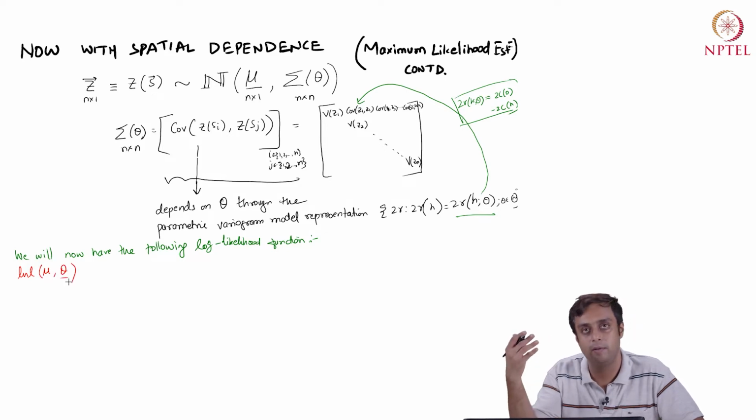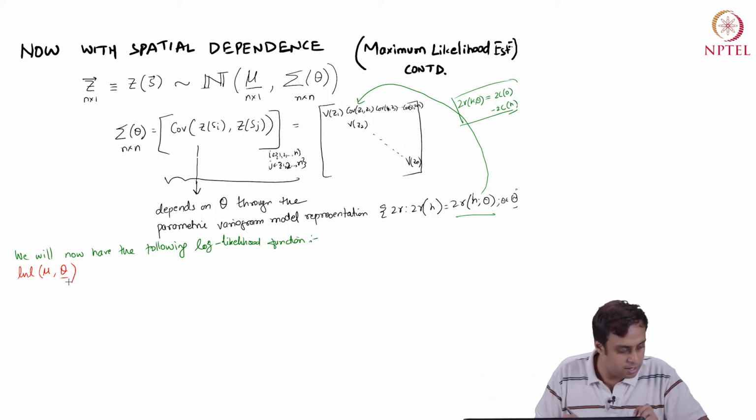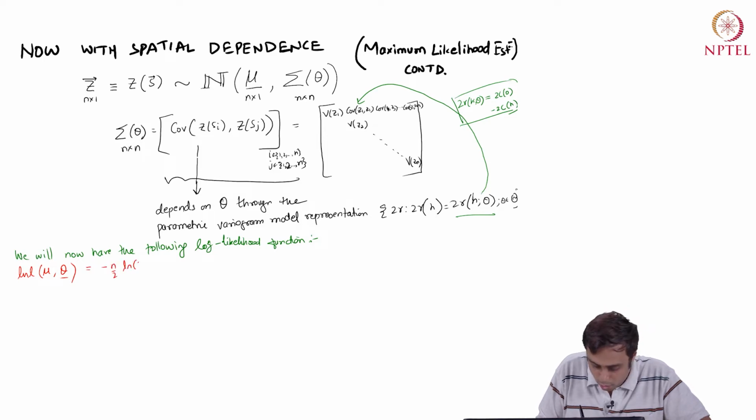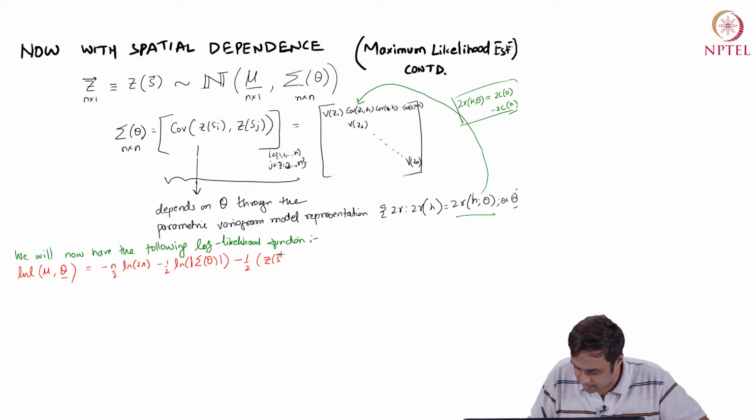Theta can itself be a parameter, right. Oh, sorry, it can itself be a vector of multiple parameters, right. And this is going to be minus n by 2 log of 2 pi minus 1 by 2 log of the determinant of sigma theta, minus half z s minus mu, right, transpose times sigma theta inverse.